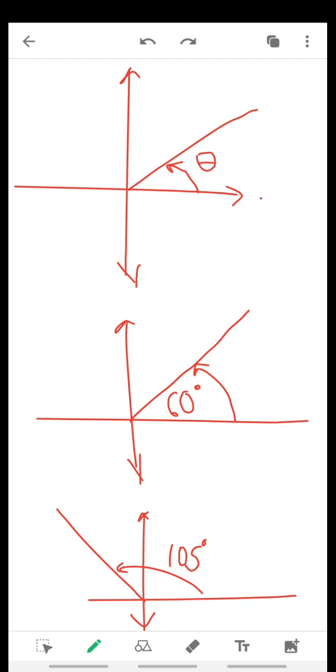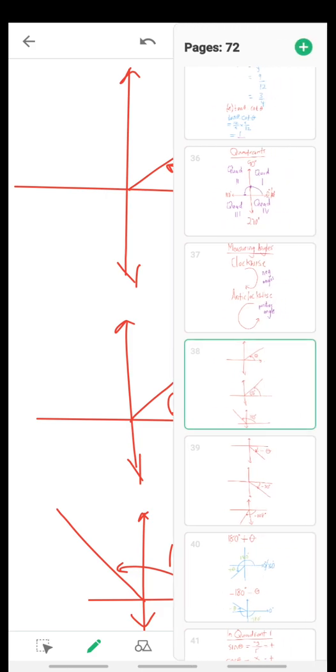That's why my theta is positive. Look at the second diagram there. What do I have? I have 60 degrees. Why is it positive? Because my direction is anti-clockwise. Look at the third diagram. I have a positive 105 degrees because the direction is anti-clockwise. So all anti-clockwise angles will be written as positive angles.